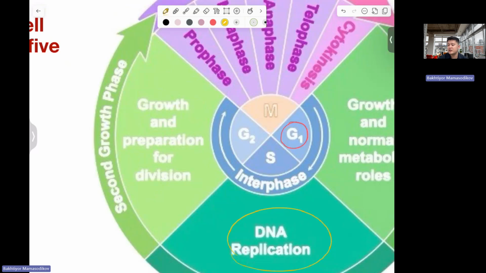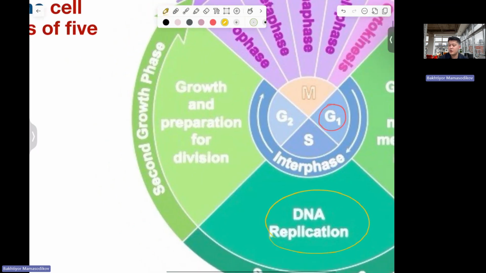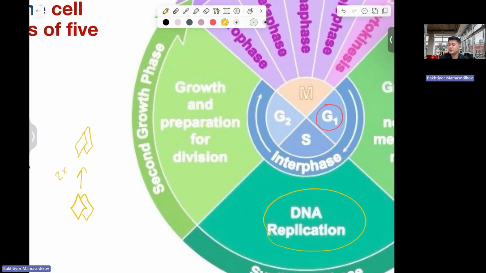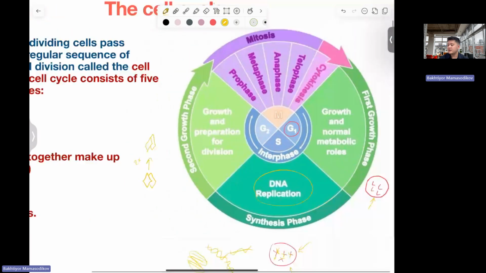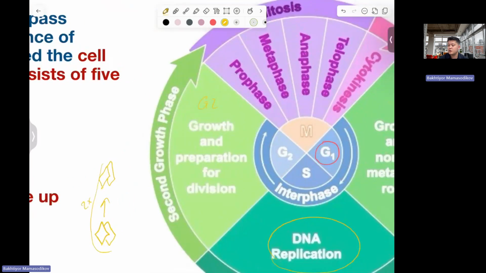In the G2 you can see the doubling of the centrosomes. This is one centrosome with two centrioles, and it's going to double now. After the S phase, it will be two. It starts to double in the G1 phase, but completes doubling in the G2 phase. So in the G2 you will have completely 2 centrosomes and 4 centrioles in the cell.